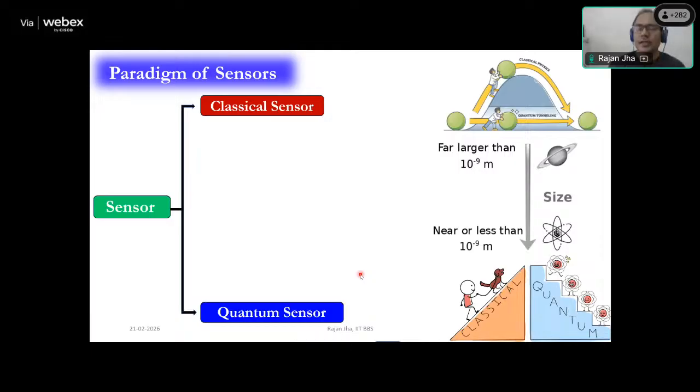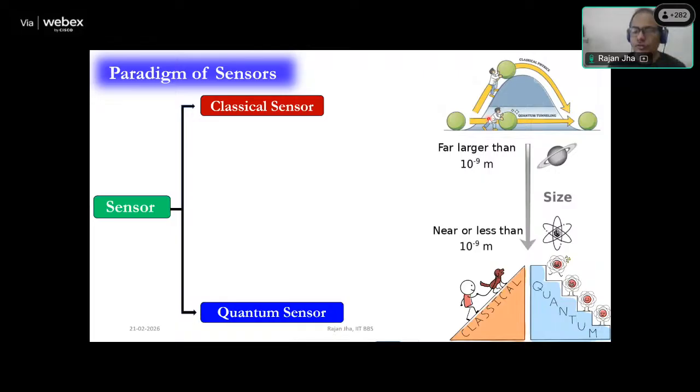This is an older slide. When we talk about sensors or sensing, you have two types, the classical one and the quantum one. The classical one deals with classical objects like the day-to-day cricket ball. The size of these objects is much bigger than the particles which show quantum behavior.